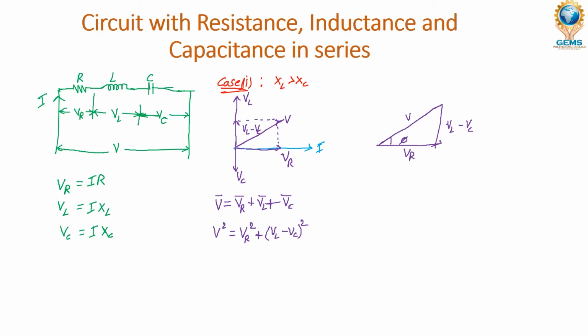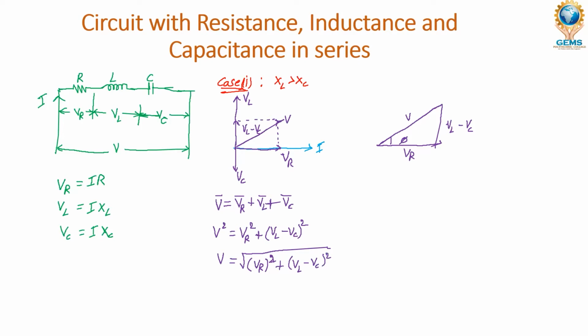If we send this square to the other side, it will become root of VR square plus (VL minus VC) square.